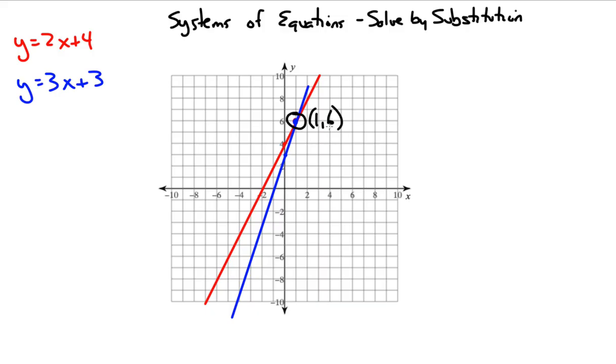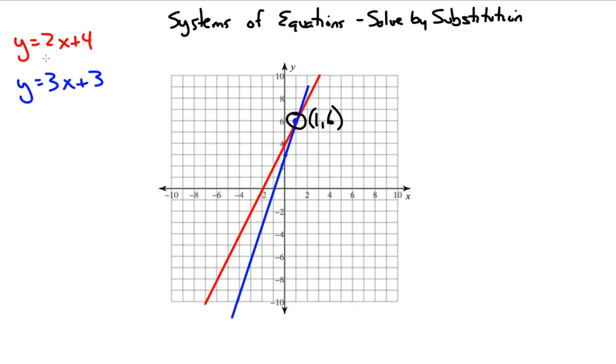That's the whole idea, it's the one point where the x and the y values are the same. So if I come back to look at my original equations, this y right here and this y right here, when I solve them, are going to be the same value.